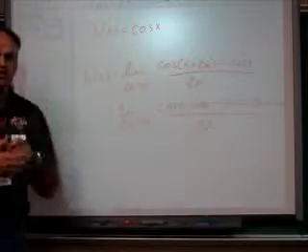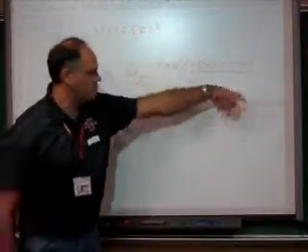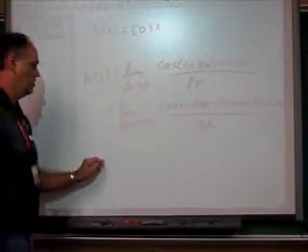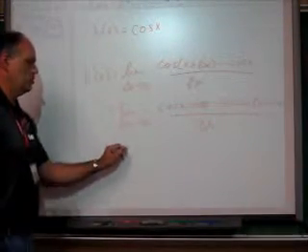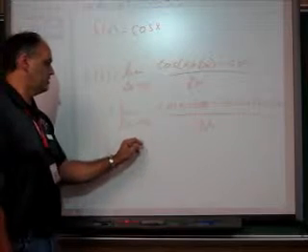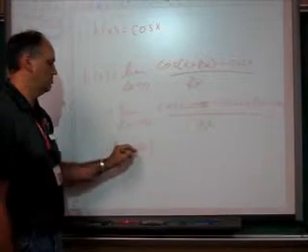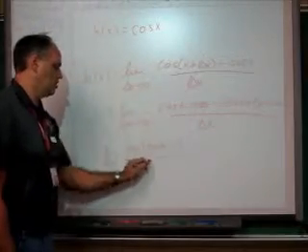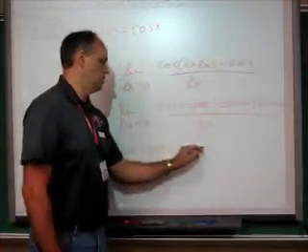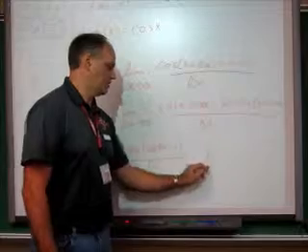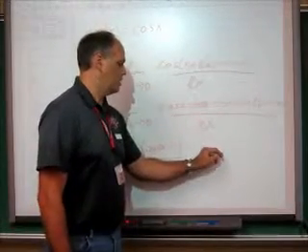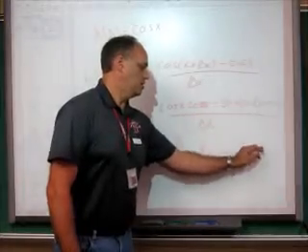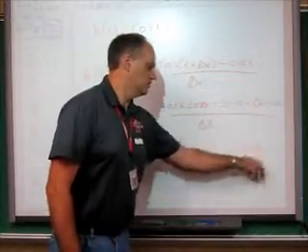Again, we're going to select like terms. This one here has a cosine of x in it. And so we get the limit as delta x goes to 0 of the cosine of x times the cosine of delta x minus 1 over delta x, minus the limit as delta x goes to 0 of the sine of x times the sine of delta x over delta x.